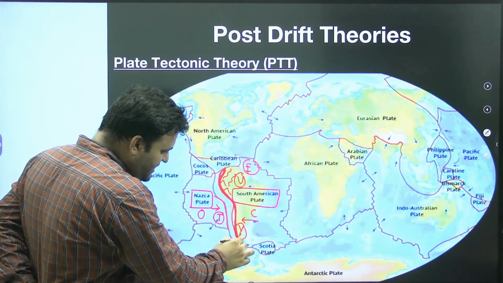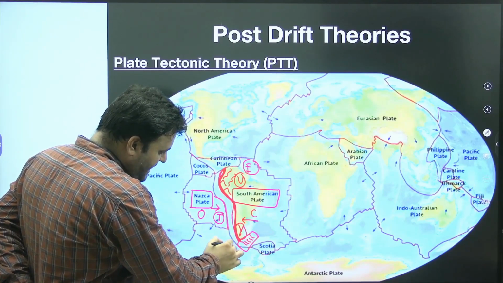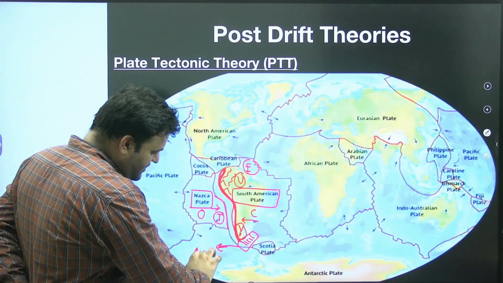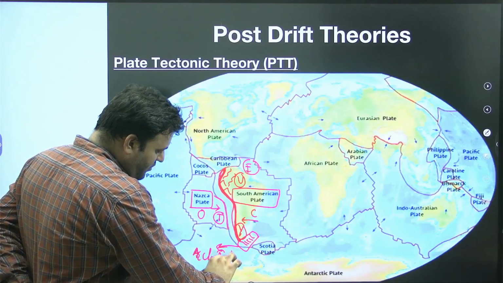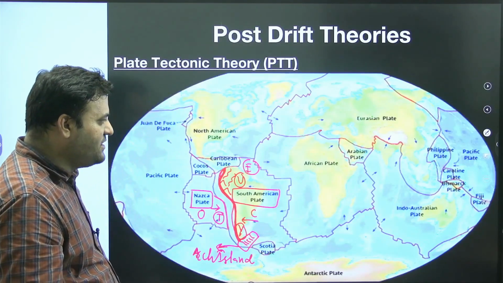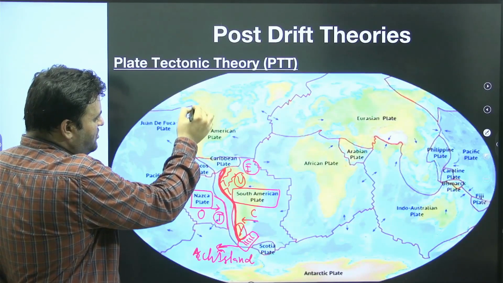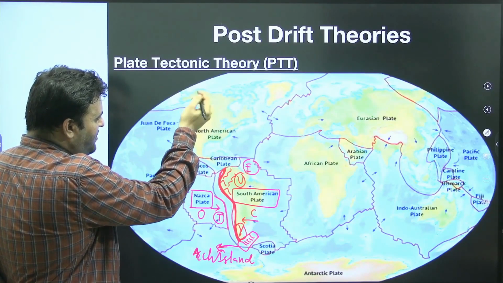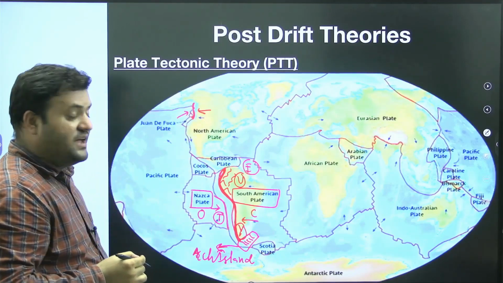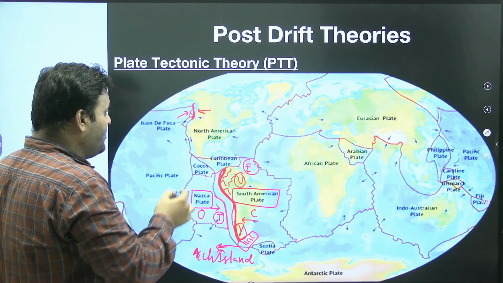Here you will see that we have some sort of arc shape of islands. These are also examples of island arcs. A similar thing you will see here as well, where there is a convergence of the Pacific, and then a convergence of the North.